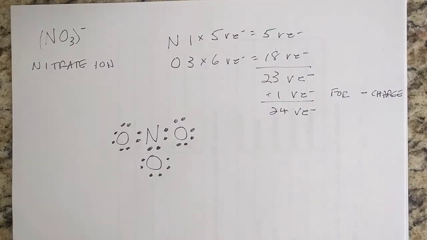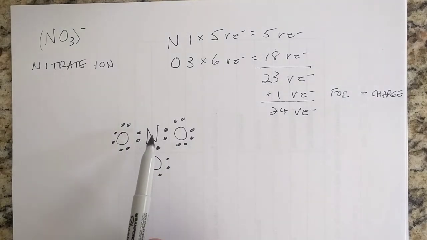You'll still end up with the same Lewis structure if you move your electrons correctly. So we put in our 24, that's all we have. We can't add more. And then we look, and nitrogen in the middle has 2, 4, 6. It only has 6 valence electrons. The oxygens, they're all okay with the octet.